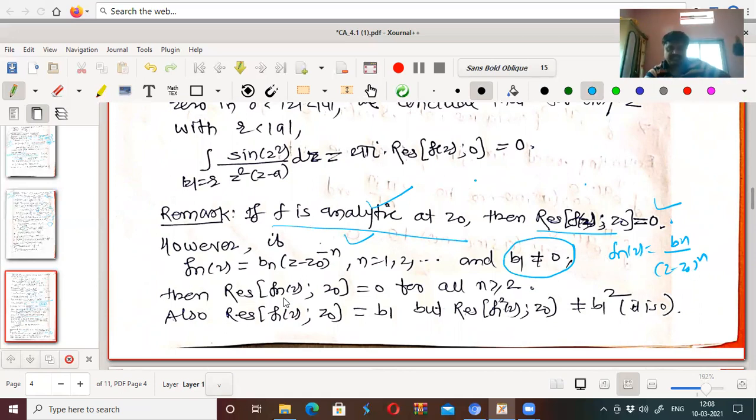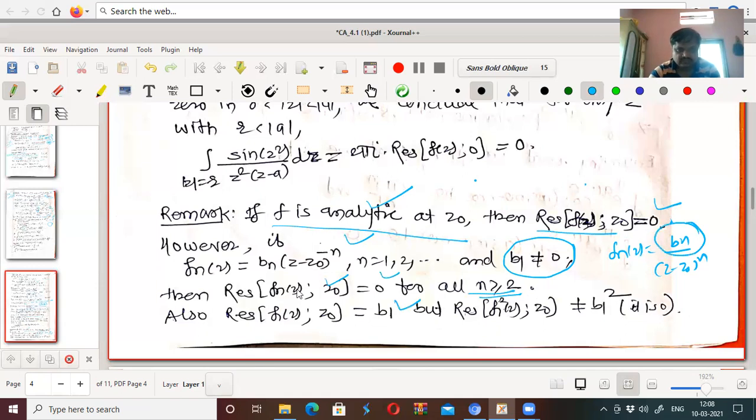Then the residue of f_n(z) at z0 equals 0 for all n greater than or equal to 2, because for all n greater than or equal to 2 this will be square, cubed, etc. So there will be no coefficient of 1 upon (z - z0). But if n is equal to 1, then the coefficient of 1 upon (z - z0) is b_1, and therefore it will be the residue.